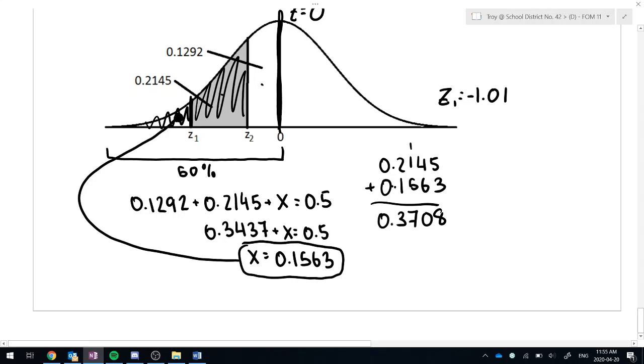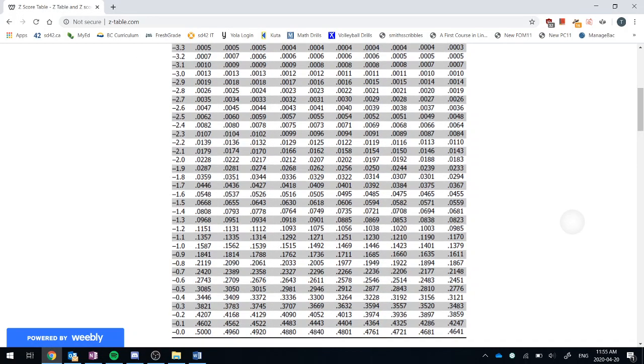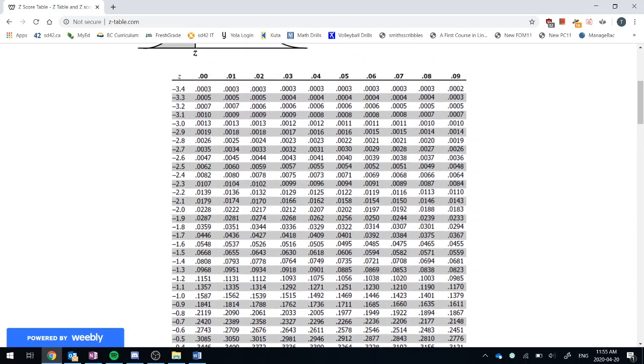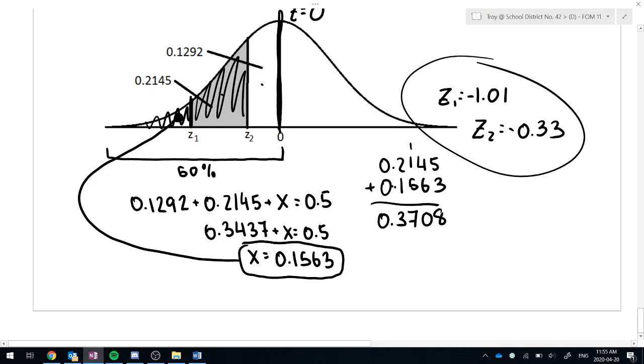So we have to go take a look at that for the negative values. 0.3708. That's about as close as we're going to get there. So that's going to be negative 0.33. All right, so those are our two z-scores.